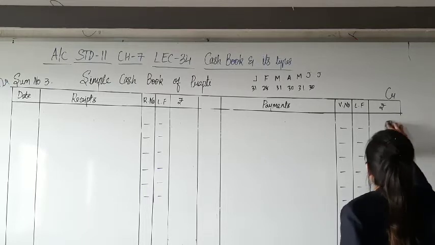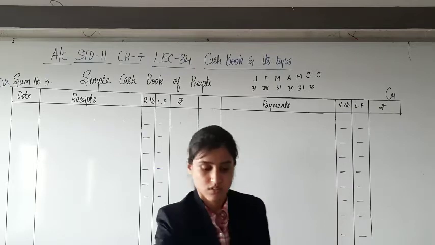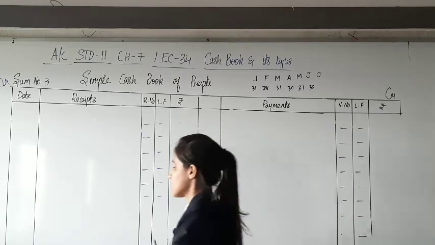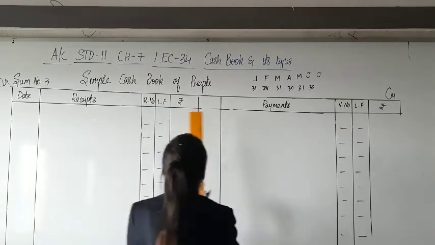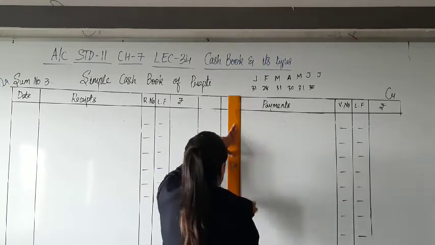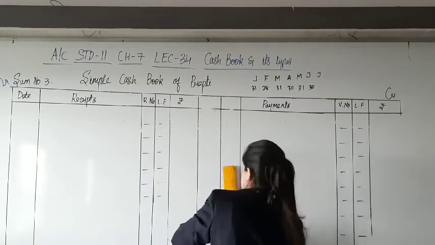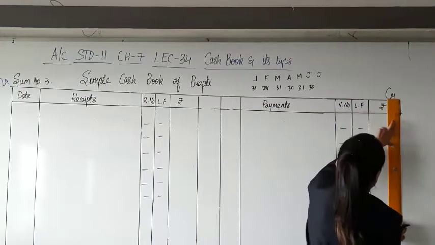So that way we are going to modify this. I will add one column here, an additional column of amount for discount, and a column here.